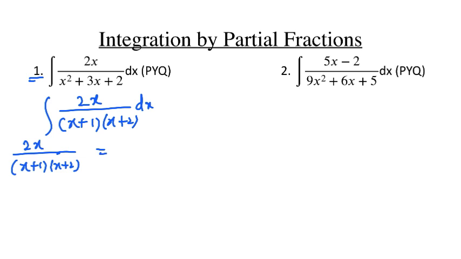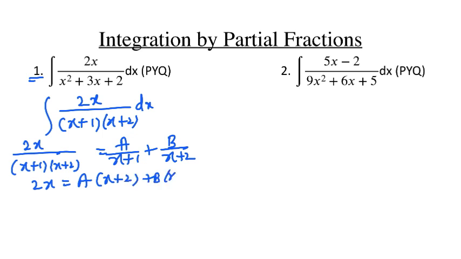We will rewrite it as a upon x plus 1 plus b upon x plus 2, and after rewriting it like this, compare the numerator 2x to the numerator after taking the LCM over here and find a and b.